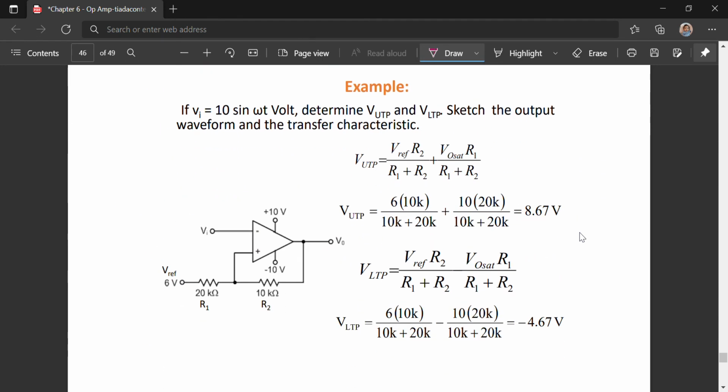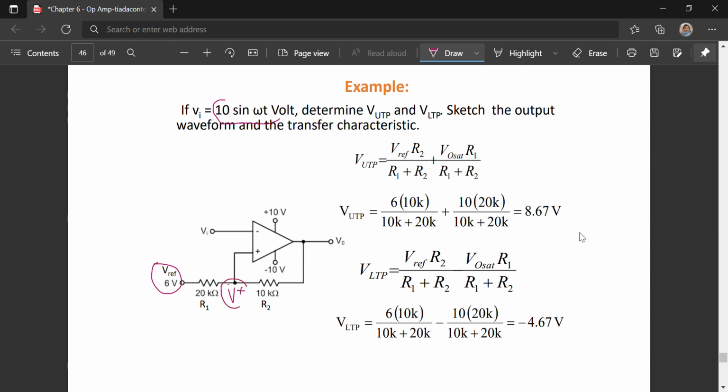This is another example using a Schmitt trigger. Here Vi is 10 sine omega t, and Vref is 6 volt. What you need to do is find how much your V positive is.